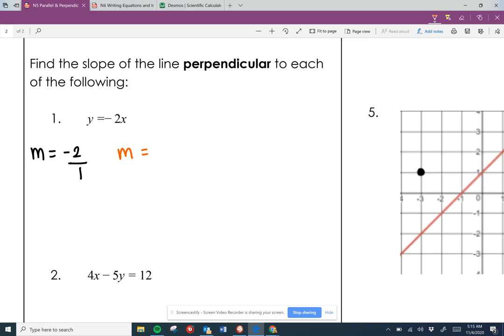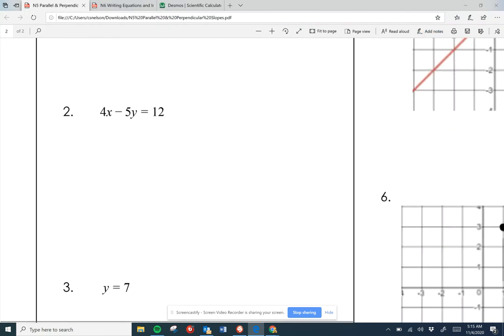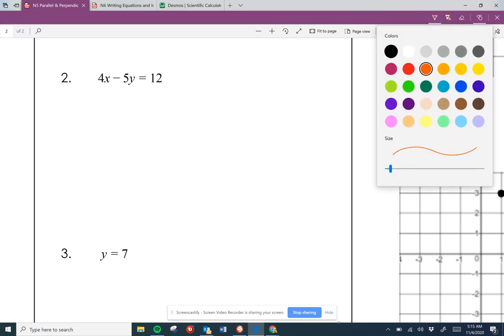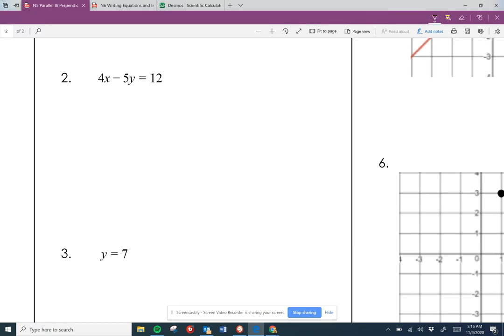We look at the next one. This is in standard form. We know that it's in standard form because the x comes first. In order to change this from standard form, we need to get y by itself. So I'm going to subtract 4x from both sides, and I end up with -5y equals -4x plus 12.